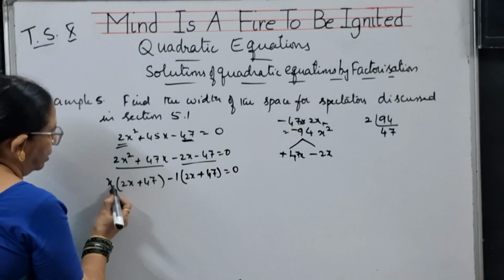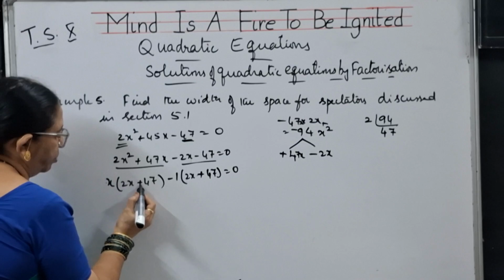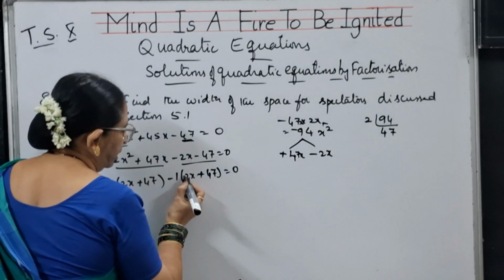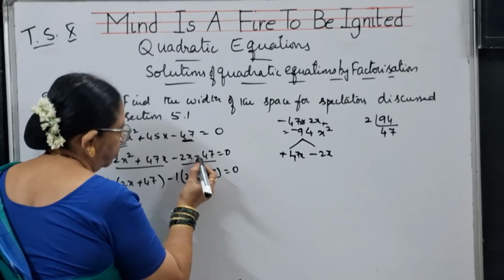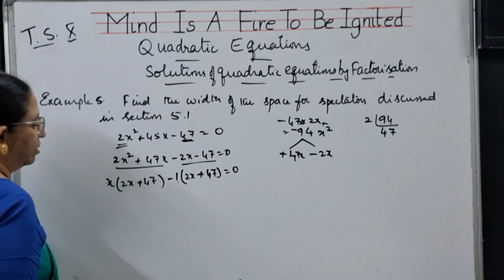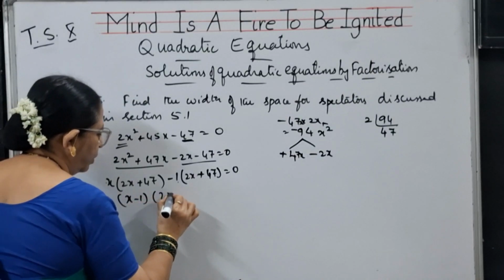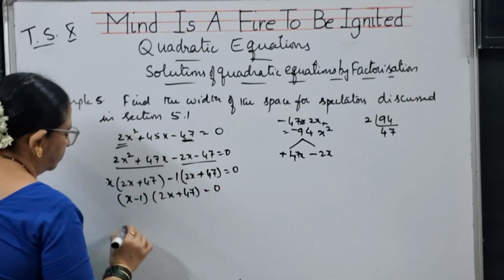So let us see: x into 2x, 2x square; x into 47, 47x; minus 1 into 2x, minus 2x; minus 1 into 47, minus 47. So our splitting is correct. So we are getting (x minus 1) into (2x plus 47) is equal to 0.